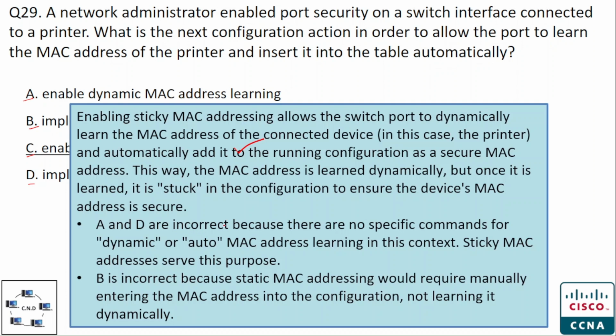A and D are incorrect because there are no specific commands for dynamic or auto MAC address learning in this context. Sticky MAC address serves this purpose. Option B is incorrect because static MAC addressing would require manually entering the MAC address into the configuration, not learning it dynamically.